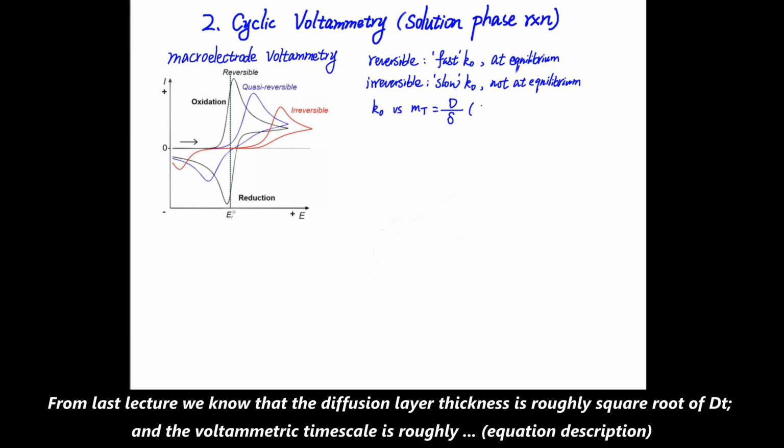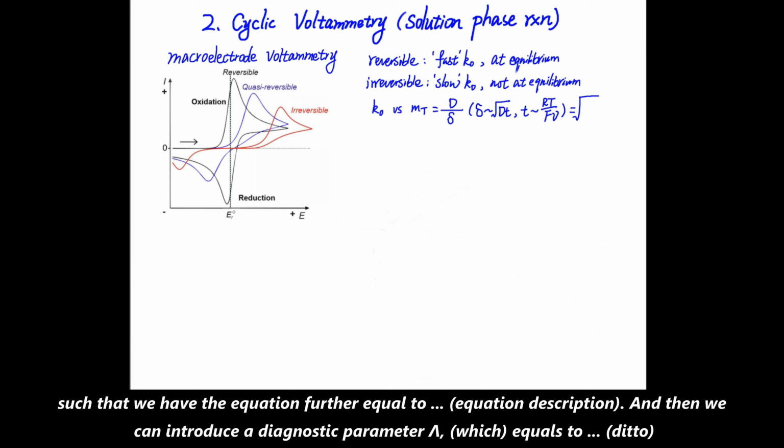From the last lecture we know that the diffusion layer thickness is roughly the square root of Dt, and the voltammetric timescale is roughly RT divided by Fv, v being the scan rate, such that the equation further equals the square root of DFv divided by RT.